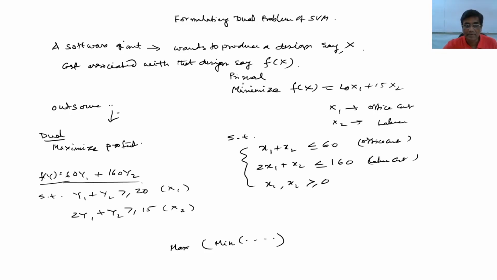If I call this the primal problem, this is the dual problem. So one take-home is you cannot whimsically design the dual problem, because these two problems have the same objective. You have to judiciously formulate your objective function, and these constraints need to obey certain conditions.